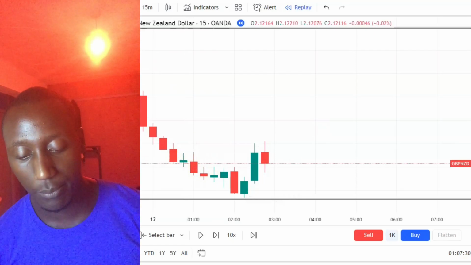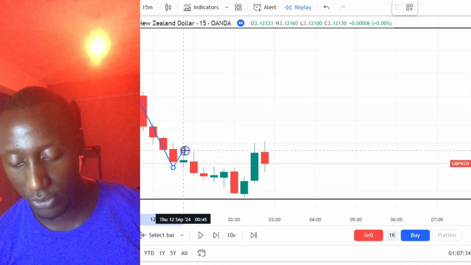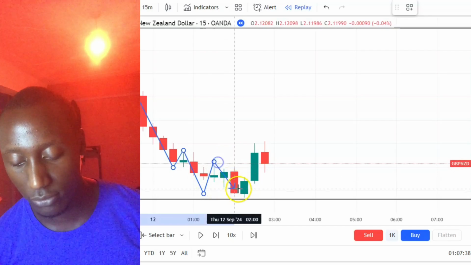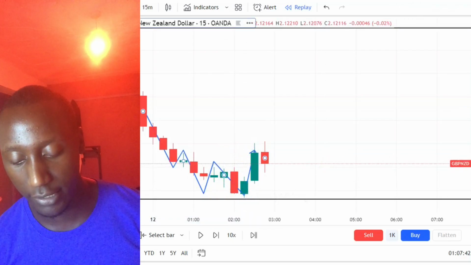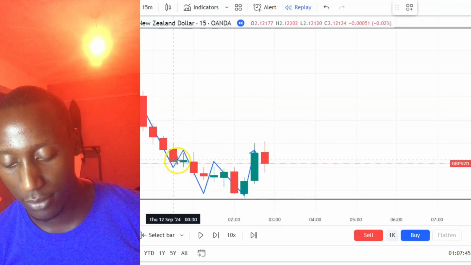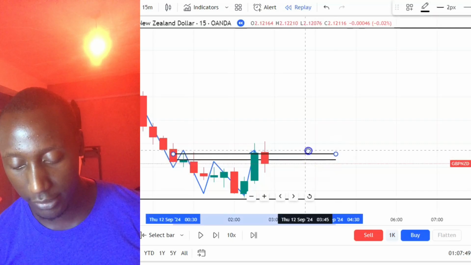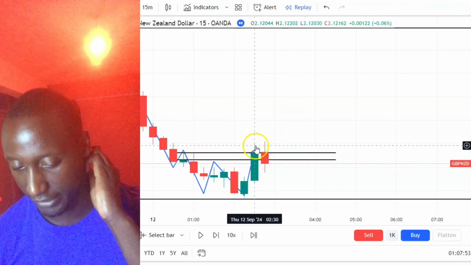So price went down, price went up. Price went down, price went up. So you see this area here. This is an area where price is consolidating.